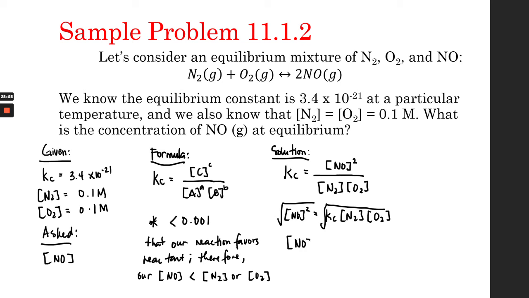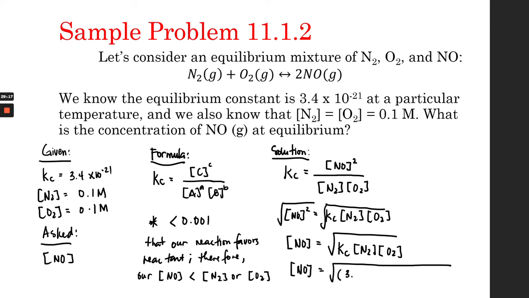Therefore, the concentration of NO is equal to the square root of Kc multiplied by the molar concentration of N2 multiplied by the molar concentration of O2. So the molar concentration of NO is equal to the square root of 3.4 times 10 raised to negative 21 multiplied by 0.1 molar multiplied by 0.1 molar.